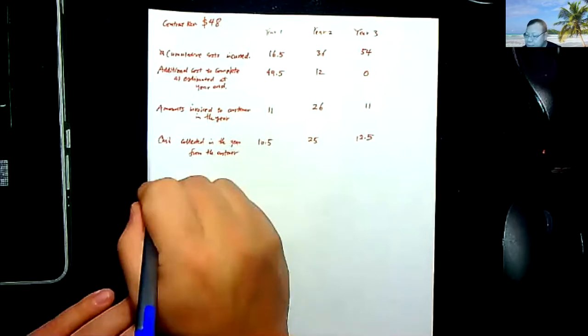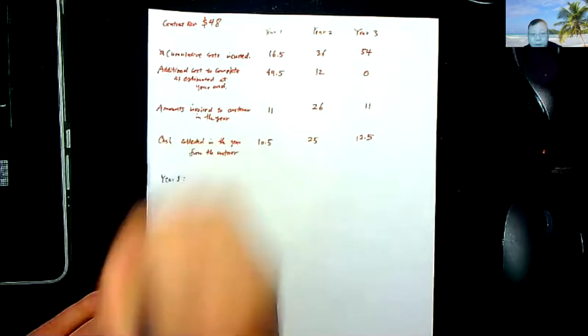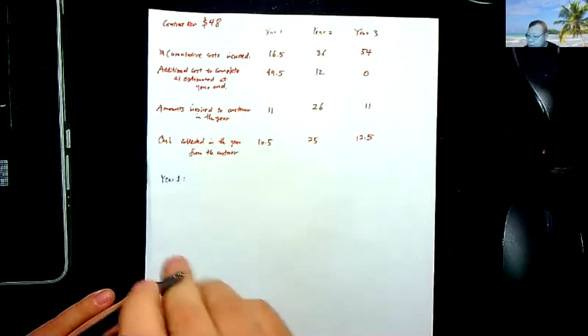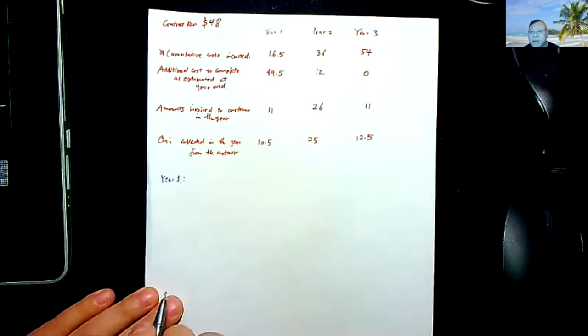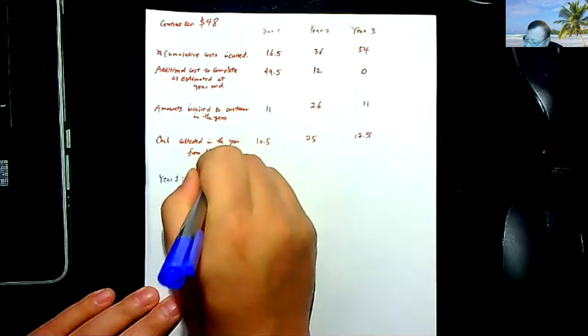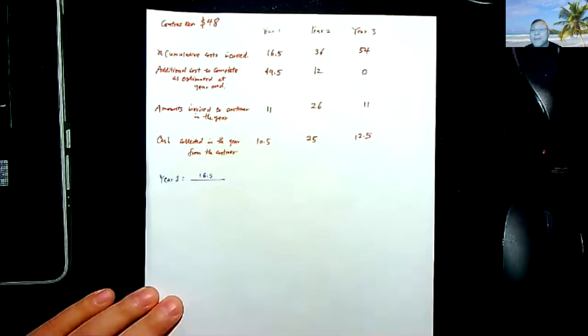So in year one, the first cost is the cumulative cost up to the end of year one, which is 16.5, divided by total expected cost.